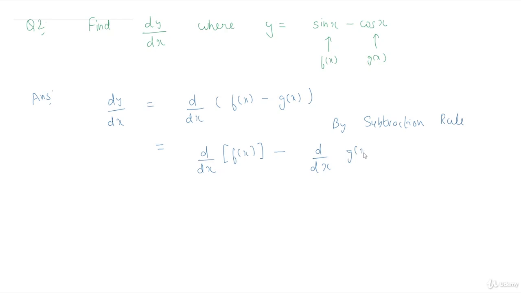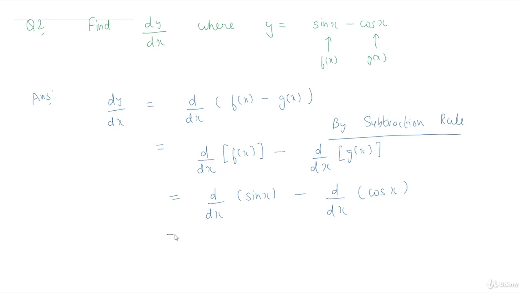So this is the subtraction rule which we have applied. This we have already covered in a previous video, as you guys must be knowing. So now d by dx of f of x, that is d by dx of sin x, minus d by dx of g of x, that is d by dx of cosine x.